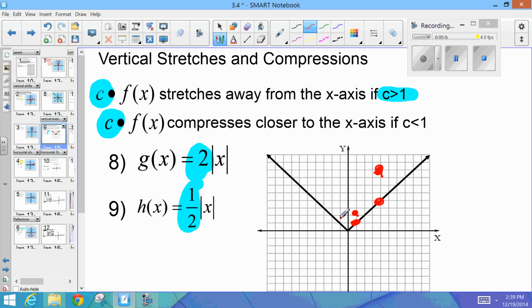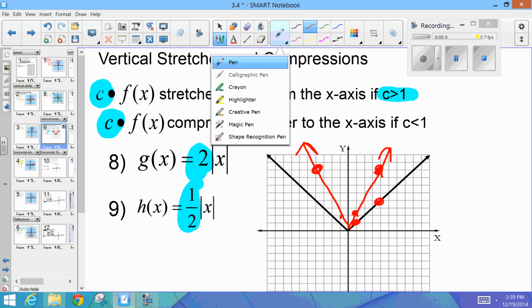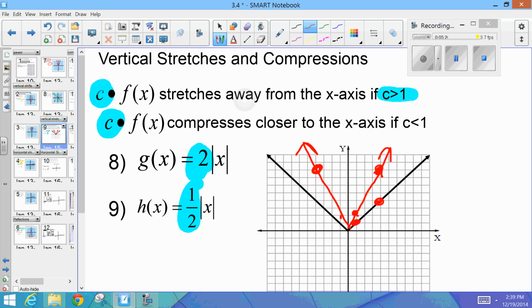Okay, so here. Okay, so a stretch gets taller and skinnier. It moves away from the x-axis, and that's what this says, away from the x-axis.